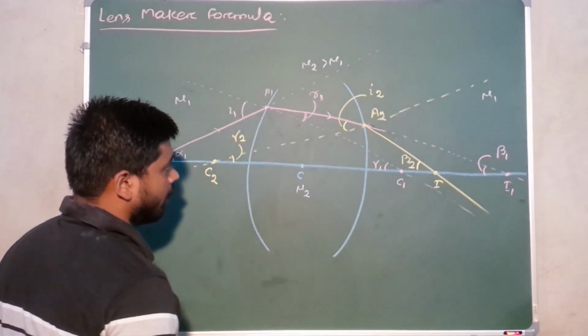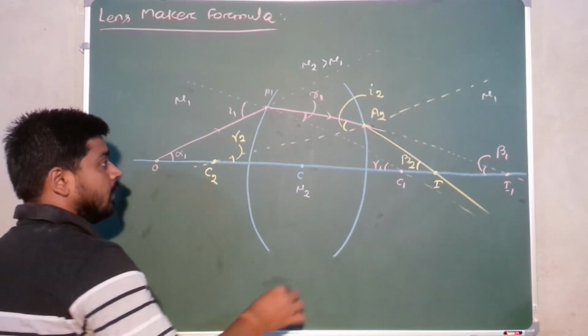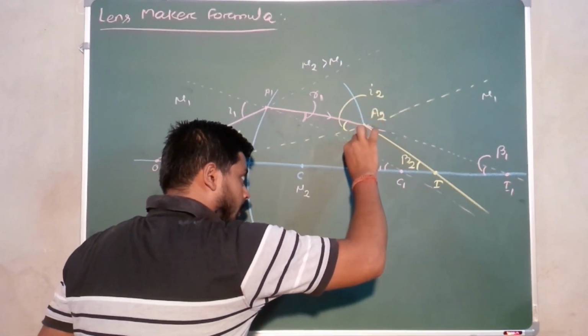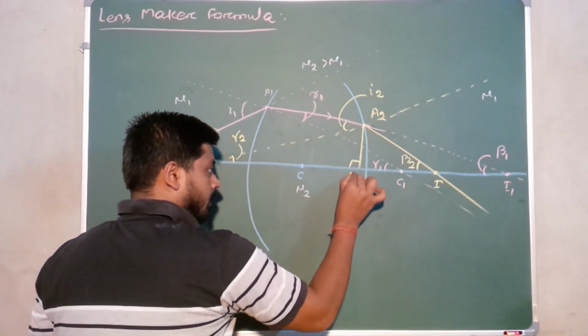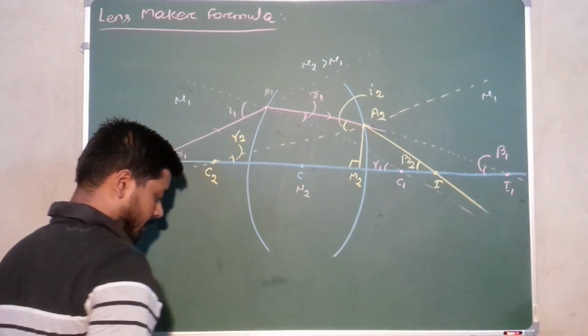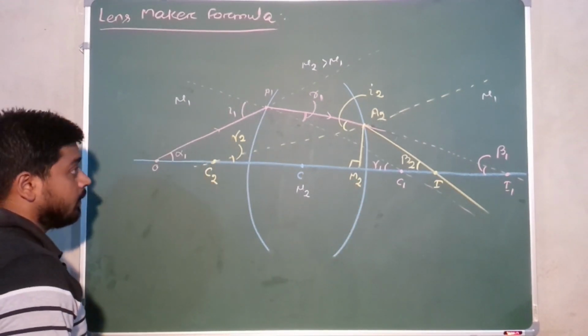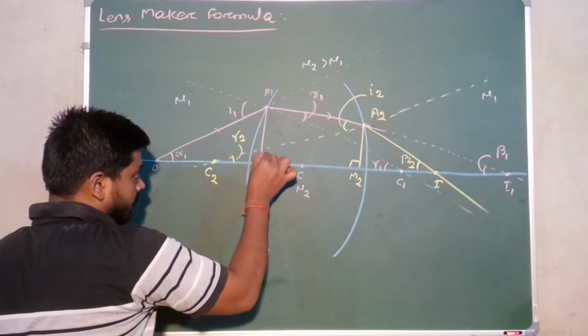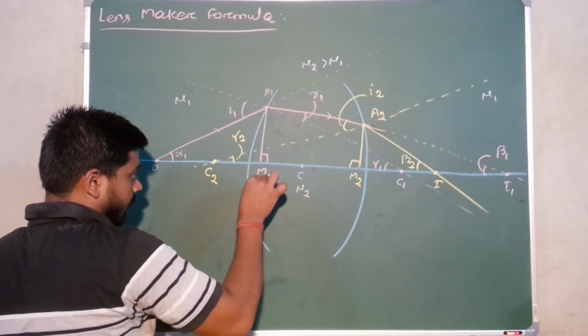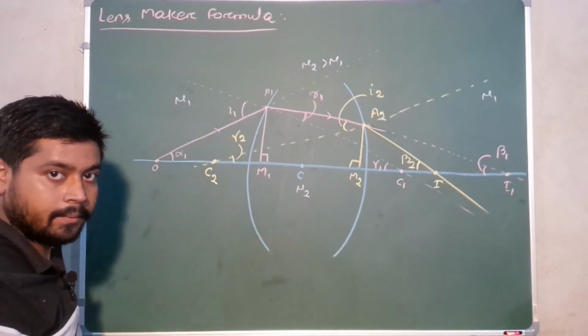Then I have to draw two more things: the perpendicular from A2 to the principal axis, named M2, and the other one from A1 to the principal axis, named M1.